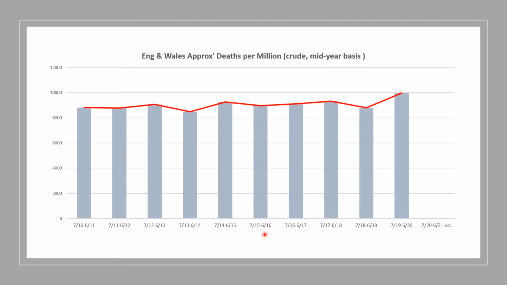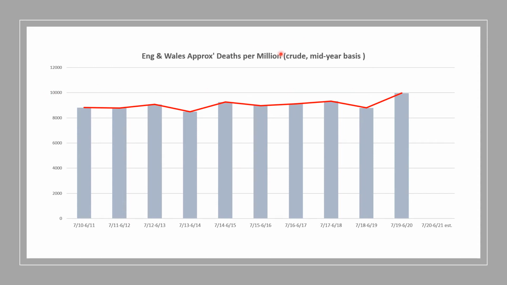So carrying out that calculation and plotting the data, we can see, as expected, there's fluctuations from year to year, and again, as we might expect, from July 2019 to the end of June 2020, there is quite a high mortality, approaching 1% here, given as deaths per million.